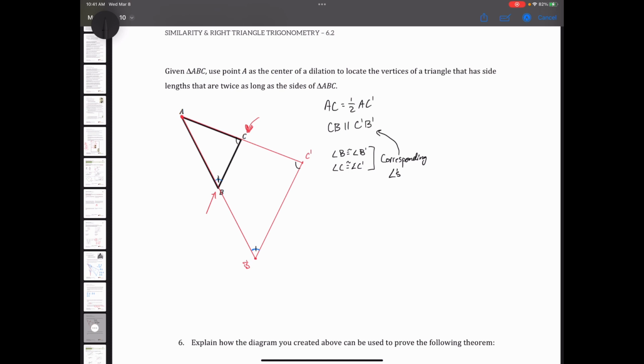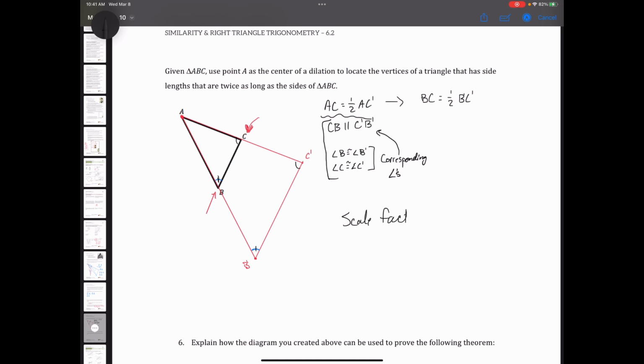Now, how about this? What they're really trying to say is, how could I say that BC is equal to 1/2 B'C'? So we've said they're parallel now over here. How could we say that it's half the length? Well, we can use the fact that the scale factor for a dilation has to be constant throughout the shape.